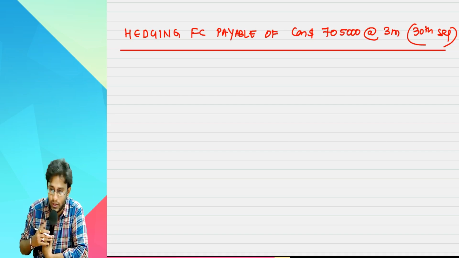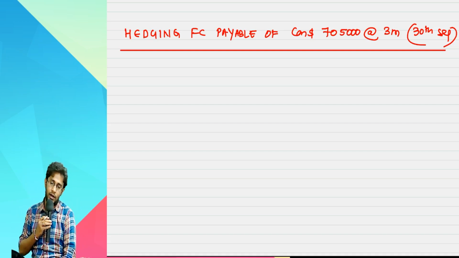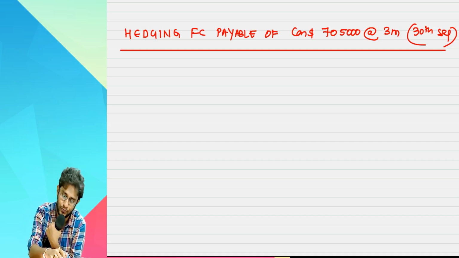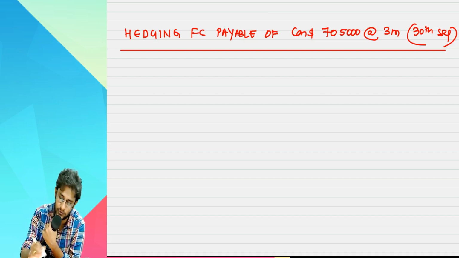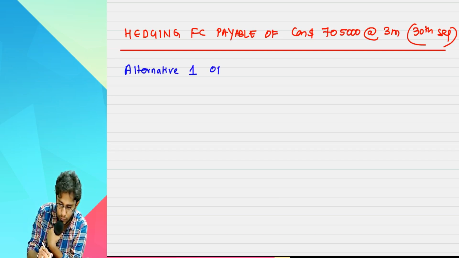This time original workings you need not do. Directly start with taking a call option on CAN dollar and all. Should I change the presentation? Because this might be very heavy. Alternative 1, options hedging.